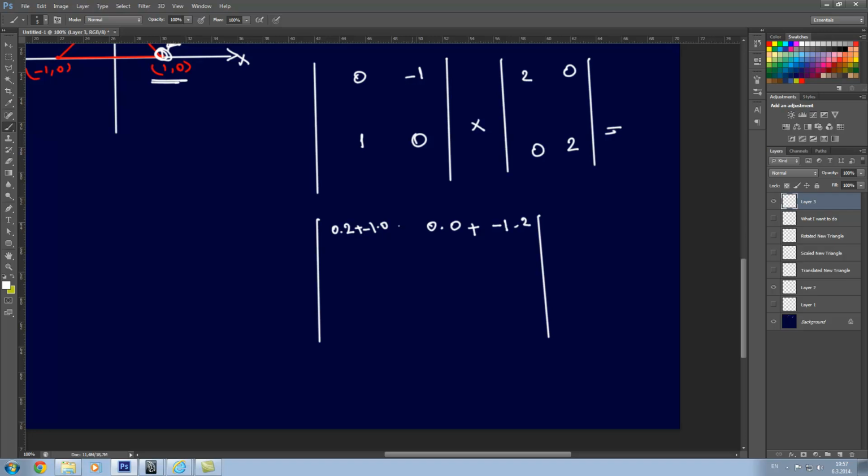Let's hope that I got my math straight. Now we go to the bottom row. So 1 times 2 plus 0 times 0.